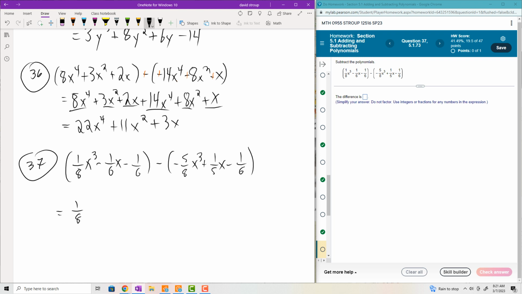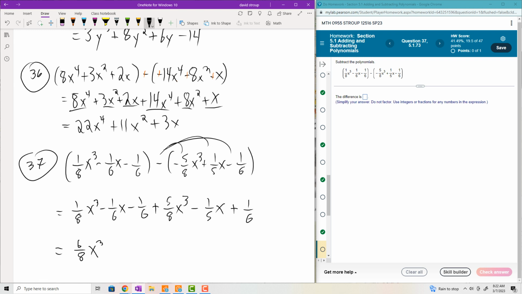That'll be 1/8 x cubed minus 1/6 x minus 1/6, and then distributing the negative, negative 5/8 x cubed will be plus 5/8 x cubed, and then negative times positive 1/5 is minus 1/5 x, and then negative negative again, positive 1/6. And then 1/8 plus 5/8 is 6/8, and of course, I'm going to have to simplify that, x cubed.